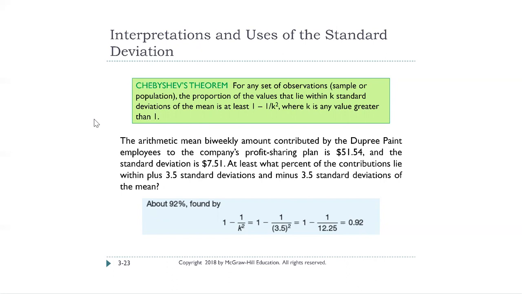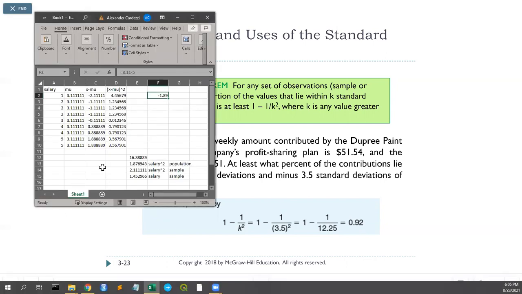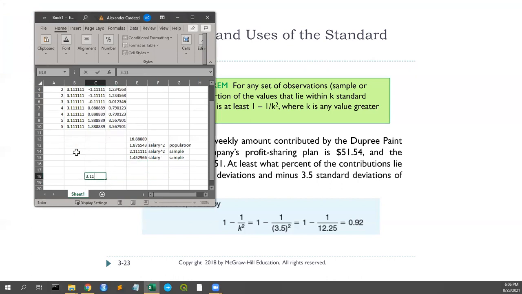So, for example, let's talk about 2 standard deviations, right? I'm going to go back. So this is our standard deviation and our average is 3.11. So I'm just going to call this 3.11 and 1.45. So this is our mean, and this is our standard deviation.